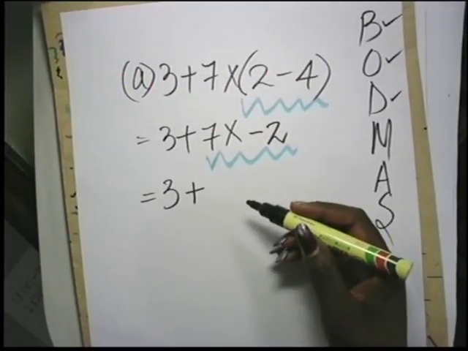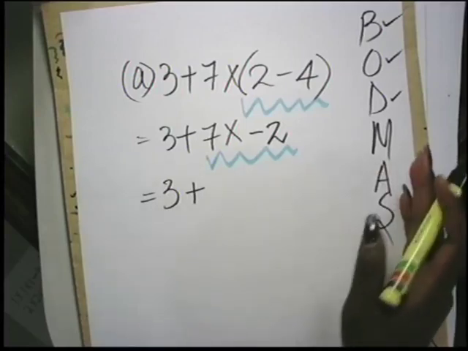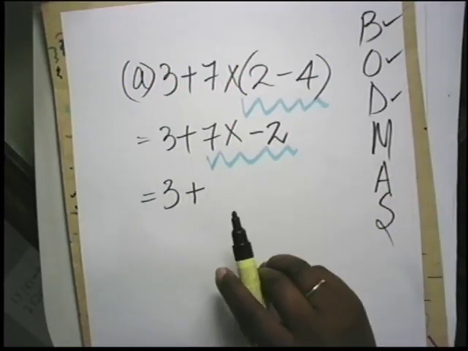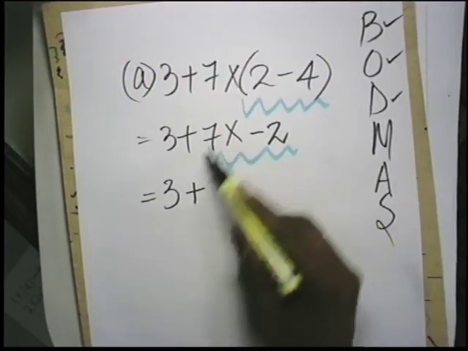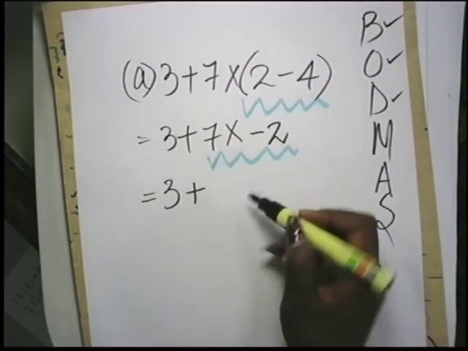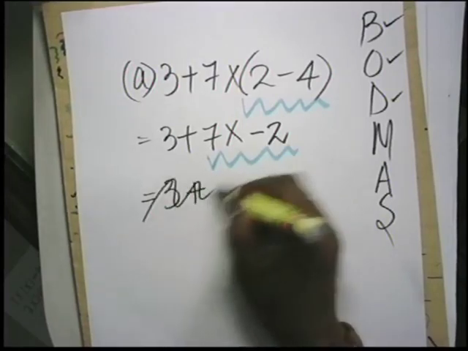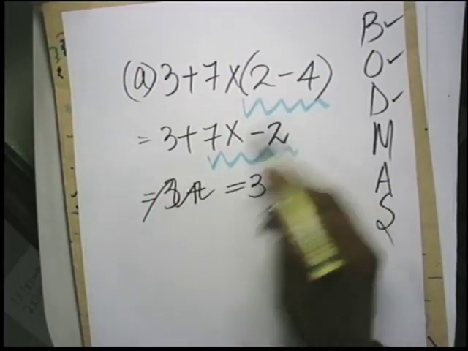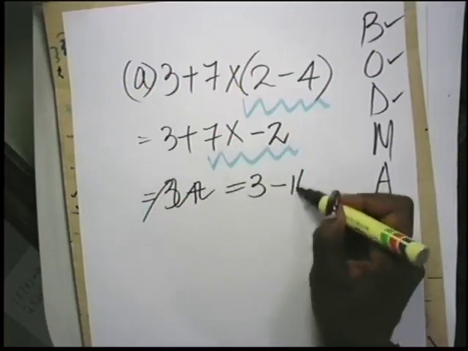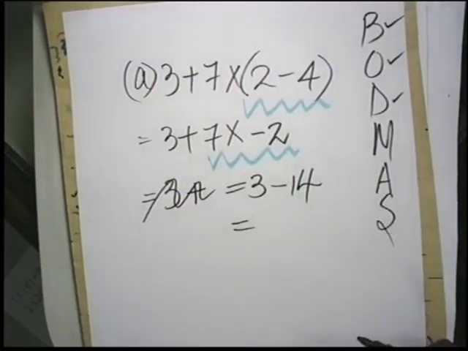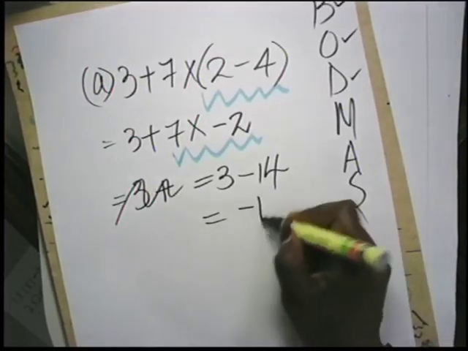BODMAS means do things step by step. You work out one at a time, brackets, of, division, and so on. Positive 7 times negative 2 is equal to, let me rewrite it, 3. Positive times negative is negative. 7 times 2 is 14. So, my answer will be negative 11.